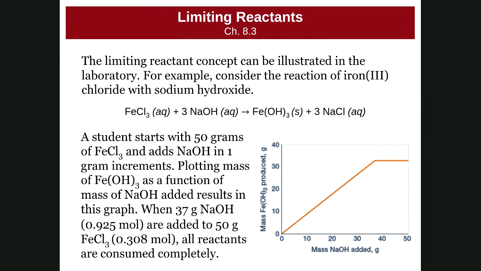For example, consider the reaction of iron chloride with sodium hydroxide in this reaction here that is balanced for you. If a student starts with 50 grams of iron chloride and adds sodium hydroxide in 1 gram increments, as shown in this plot, we can plot the mass of the iron hydroxide that is made as a function of the mass of sodium hydroxide that is added.